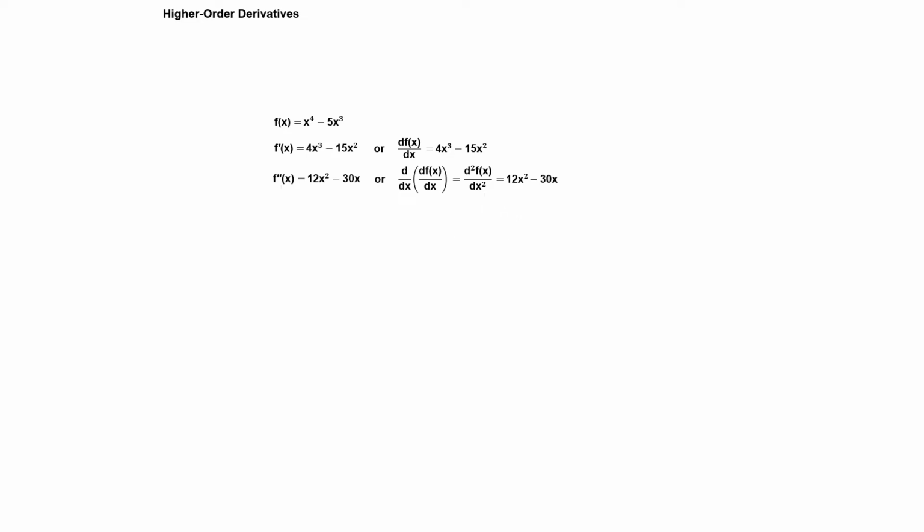Again, this is a function, so we can differentiate it again. The derivative of the second derivative of a function f is called the third derivative of f. We can read these as f triple prime of x, d3f by dx cubed, or simply the third derivative of f of x.